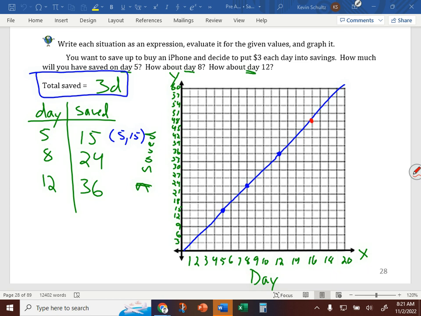We didn't have to calculate that; we used the graph to find it. On day 20, if my line was straight, we'd have $60. So the point of graphing is to be able to visualize and see what's coming next, to predict things.